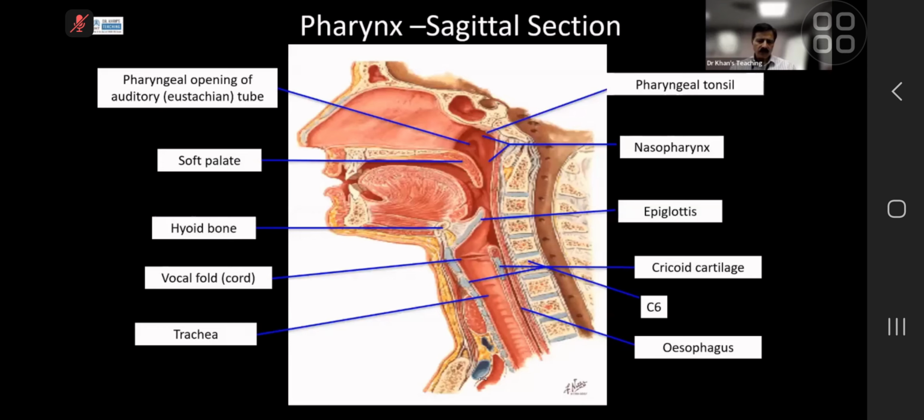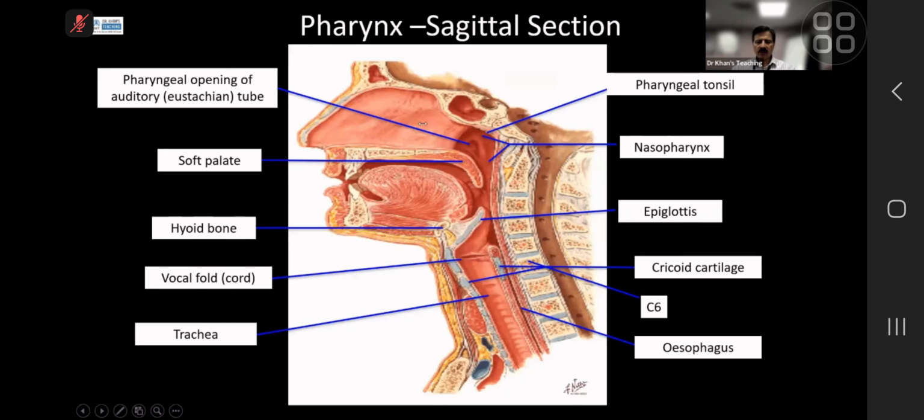Now, if you concentrate on this, this is midline sagittal. You should have a clear-cut idea about the term pharynx and the parts of the pharynx, and how you discriminate it from surrounding structures. This is the nasopharynx, then the oropharynx, then the hypopharynx.